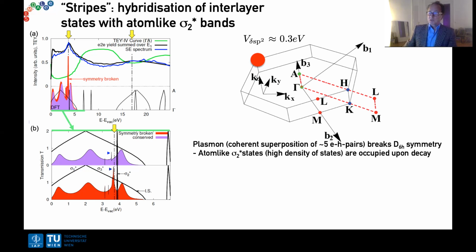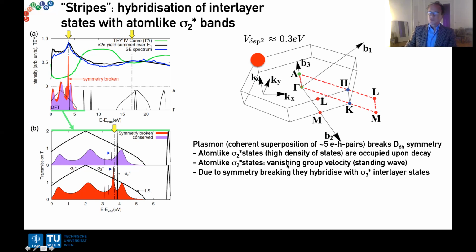Atom-like sigma-two states, so these states with a high density of states, are occupied upon decay. And unfortunately, they have a vanishing group velocity, so this does not explain why electrons are leaving the surface. However, due to the symmetry breaking, they hybridize with the sigma-three-star interlayer states, which do have a finite group velocity and a good transmissivity.